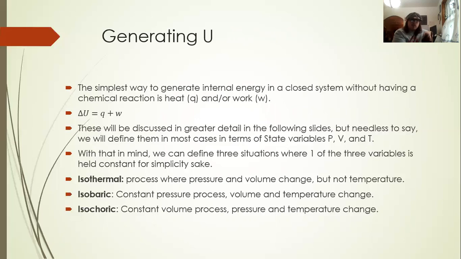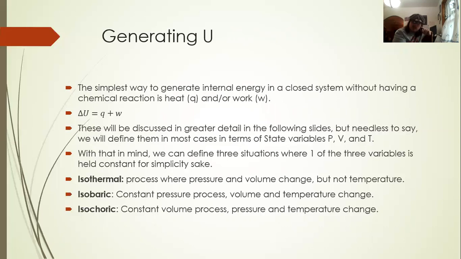And so we can say that the change in internal energy is equal to the sum of whatever heat is generated and work is generated. Now we're going to discuss these in greater detail in the following slides. Needless to say, we're going to define them in terms of state variables, pressure, volume, and temperature to make our lives a little bit easier.